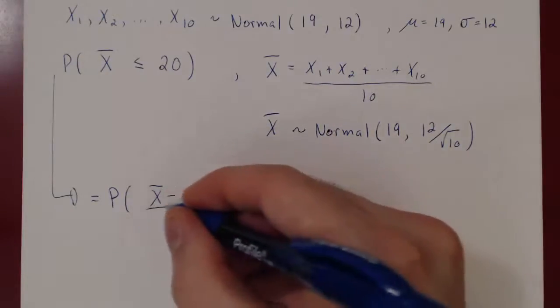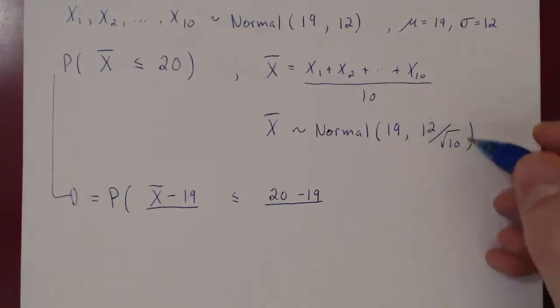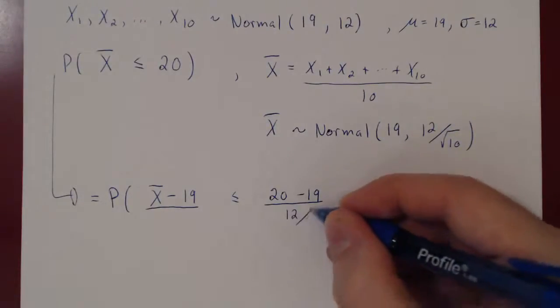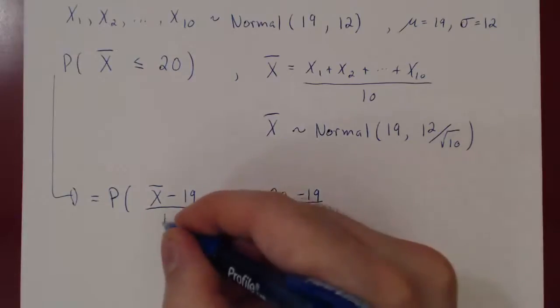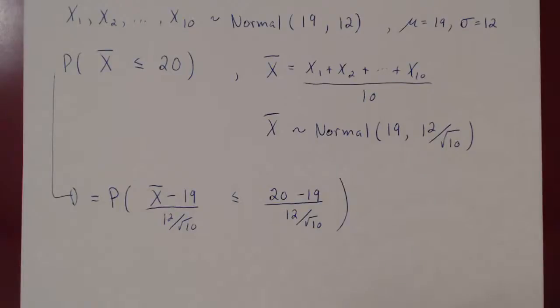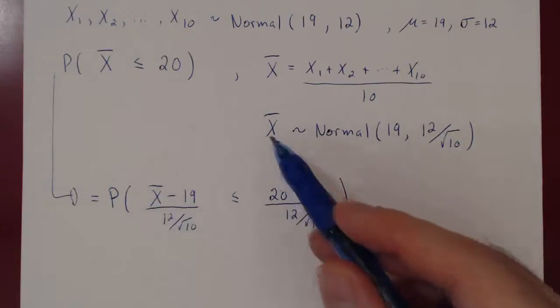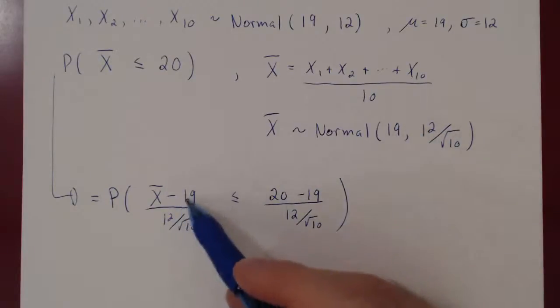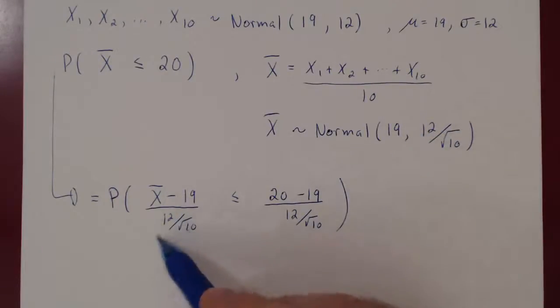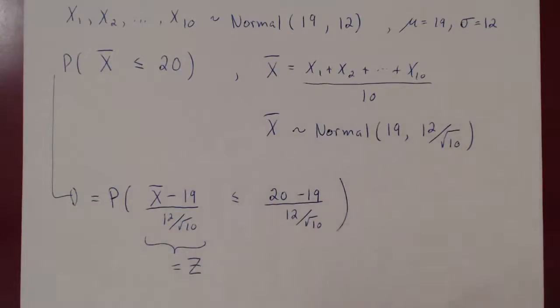And then we divide by the deviation, so we divide by 12 over root of 10. And we have now standardized. If you have a normal random variable and you subtract its mean and divide by its deviation, this is now standardized. So this is the standard normal random variable, therefore with a mean of 0 and a deviation of 1.